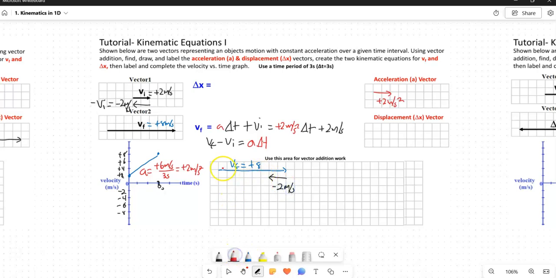What we're going to get is an answer which starts here and ends here, and this is the a delta t vector, right? And so this guy is a delta t, which is going to be 1, 2, 3, 4, 5, 6. So this is positive 6, and that's meters per second.